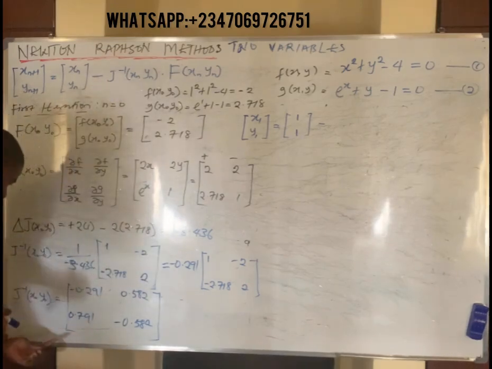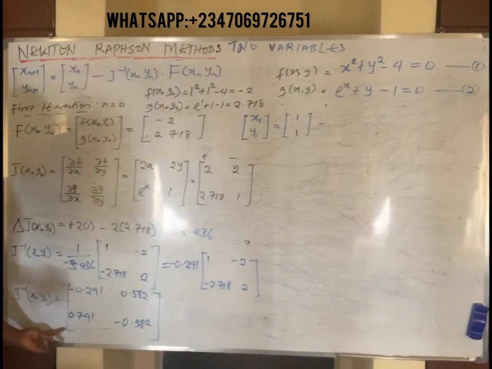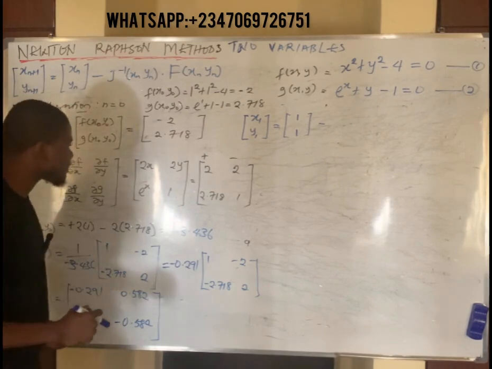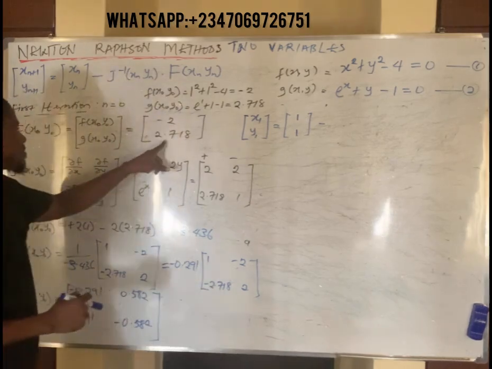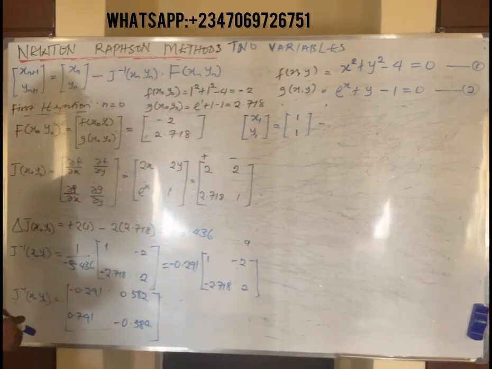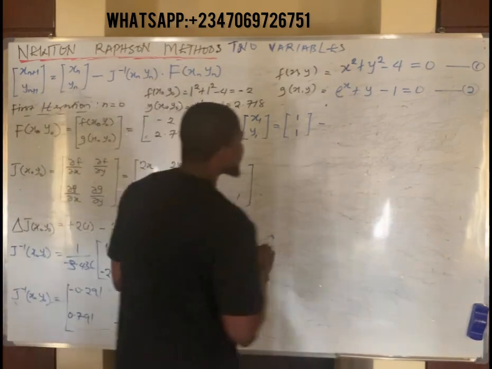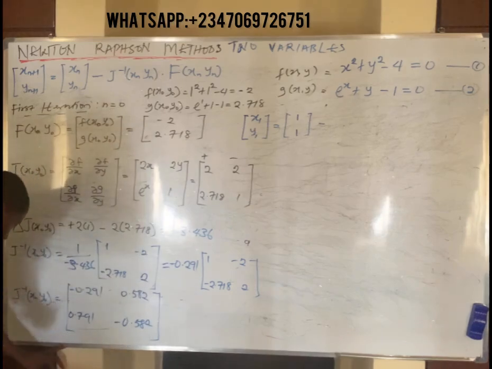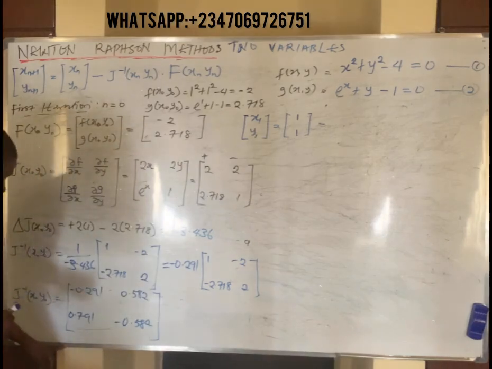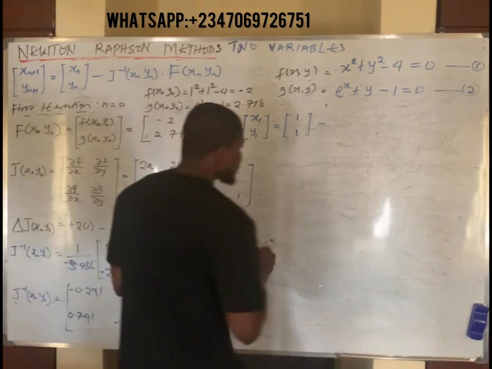And this is our Jacobian inverse obtained here. So this multiplied by the matrix of the function, and we obtain the matrix of the function to be this over here. So we simply couple them together. So this minus Jacobian inverse, we have the matrix here, negative 0.291, 0.582.